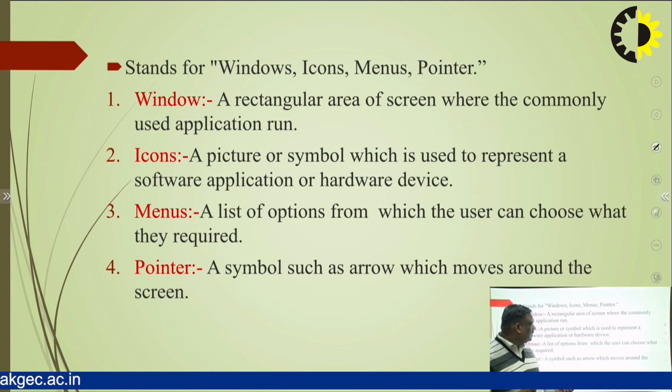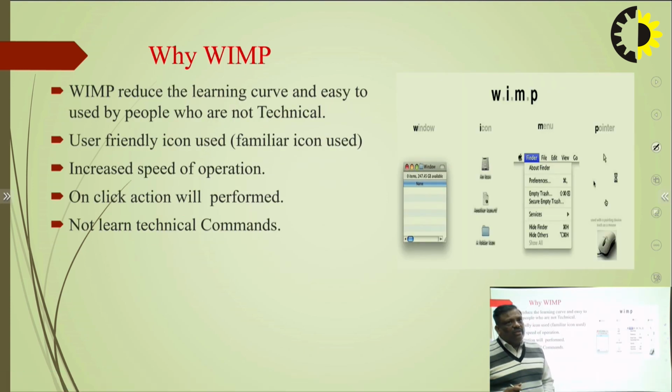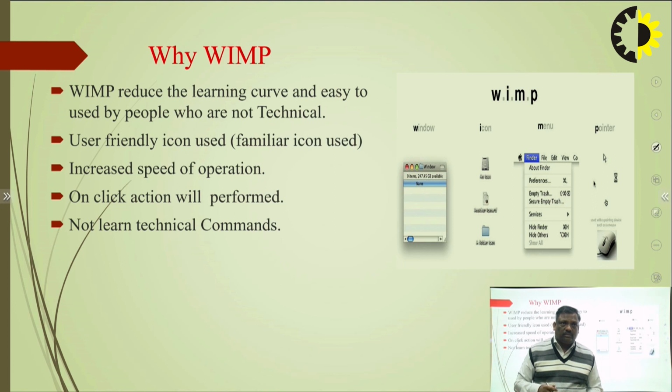And why are we using it, or why is it so popular? Because it does not need much training or much knowledge. A non-technical person can use it and handle it very easily.